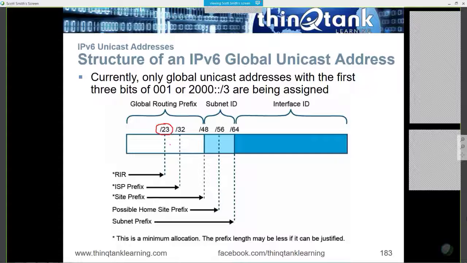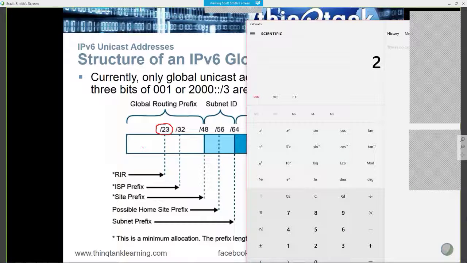Remember those 5 regional internet registries? Who's giving those regional internet registries a /23? IANA, right. So let's do some math here. That means that I have 2 to the power of 23, 8,388,608 prefixes. All right, 8 million prefixes.